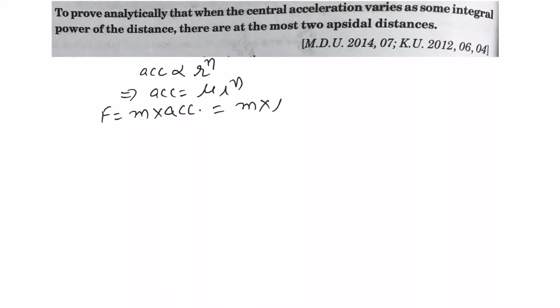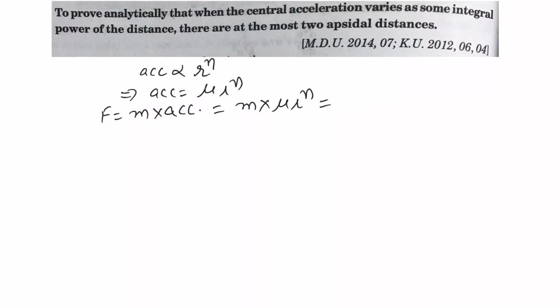Acceleration directly varies as some integral power of distance. Distance is r, integral power is n. This implies that acceleration is equal to mu r^n, and we know force is equal to mass into acceleration. Mass is m and acceleration is mu r^n, and mass is a constant quantity.